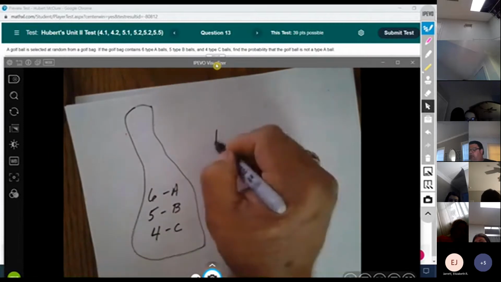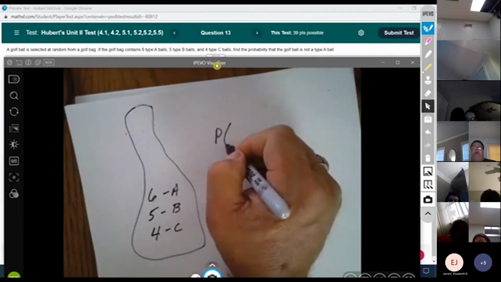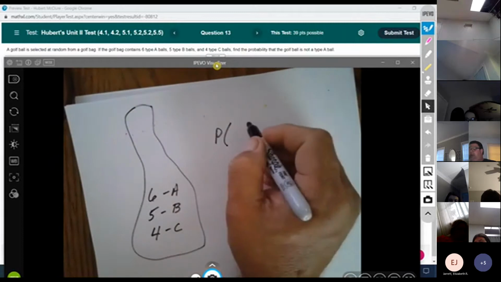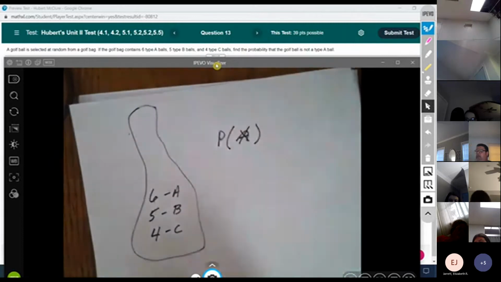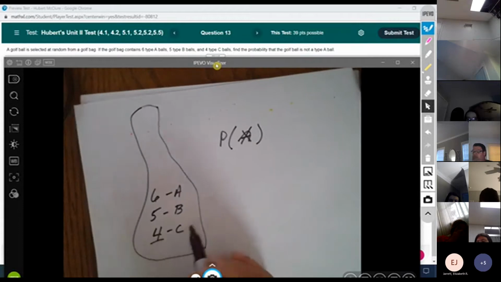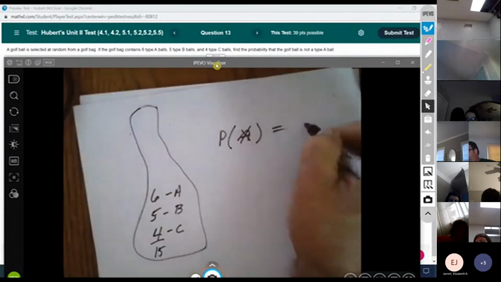And they want to know the probability of picking a ball and it not being type A. So that means it's either going to be B or what? B or C, Hubert. That's right. So 6 plus 5 is 11. So 15 is our total.